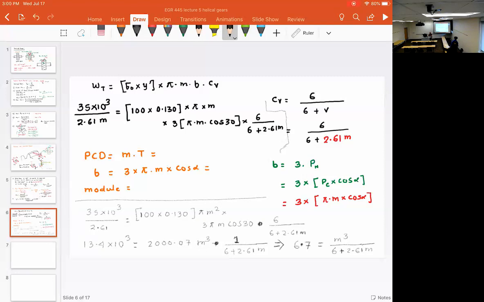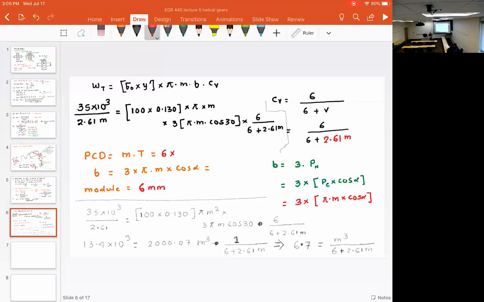Okay, so 6 millimeters. Finally. Actually, this equation is simple enough.